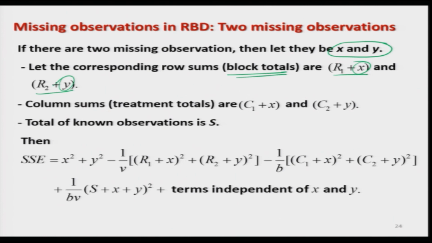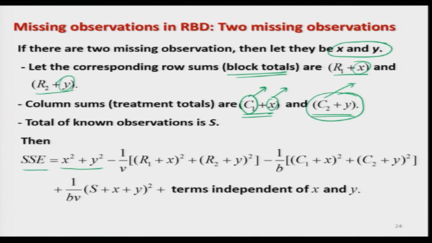Similarly, you can obtain the column sums, C1 plus x and C2 plus y, where C1 is the sum of all those values which are known to us, and x is the value which is unknown to us. Similarly, in the column in which y is appearing, the column sum is going to be C2 plus y, where C2 is the sum of all those values which are available and y is the value which is missing, right.